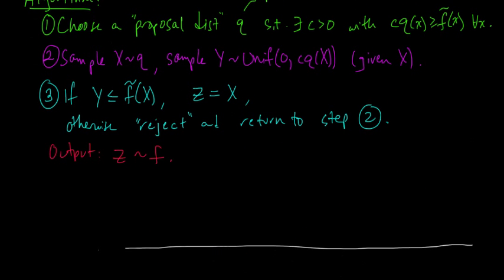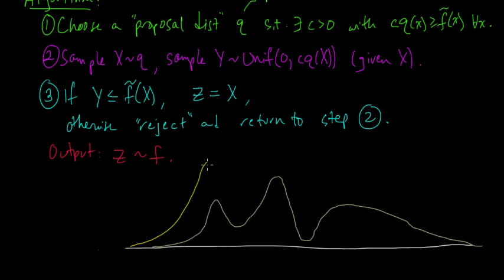Let's make F something like this. Maybe F goes something like this. And F tilde is what we know, and maybe that's bigger. So it's proportional to F.